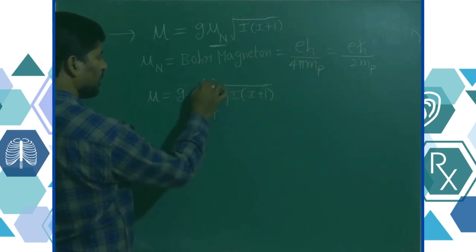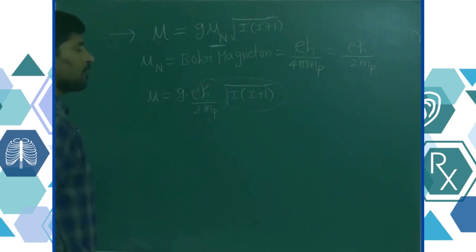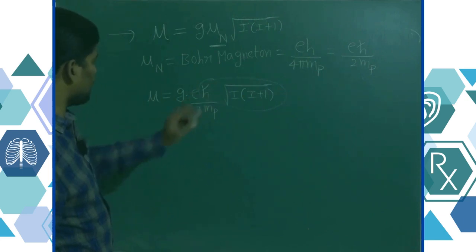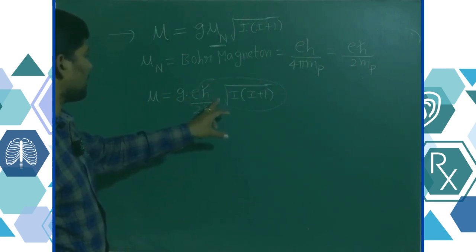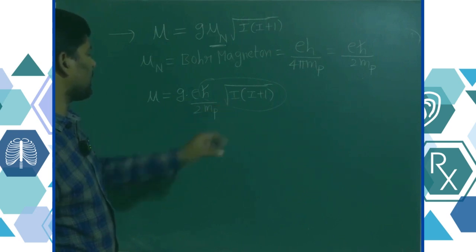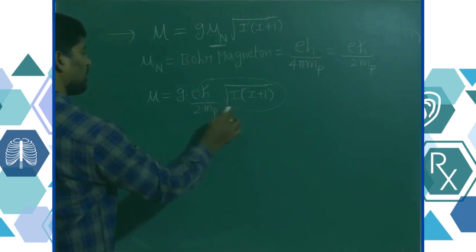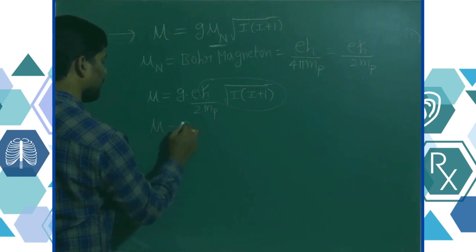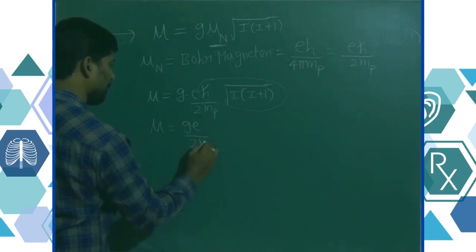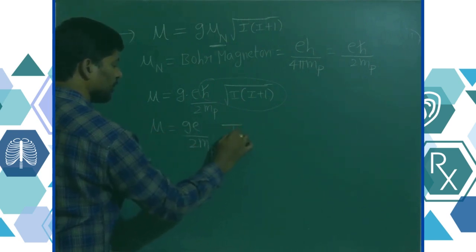That is nothing but the spin angular momentum of the nucleus. So therefore mu is equal to g e by 2 mp into spin angular momentum.